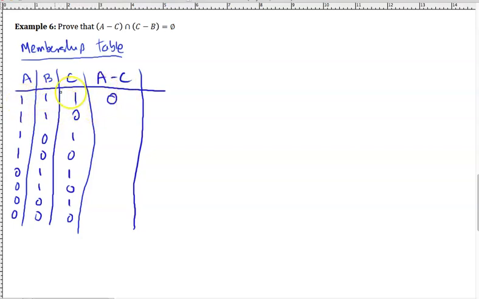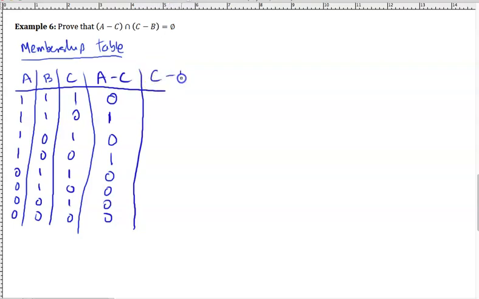If the element is in both A and C, it's not going to be in A minus C. Now 1, 0 is going to be a 1, because 1, 0 means the element is in A, but it's not in C. Okay, so that fits with what the difference is. So basically, the only way you get 1s for A minus C is if A is 1 and C is 0. Otherwise, you get zeros. Okay, so we have 0, 1, 0, 1, and all these are zeros.